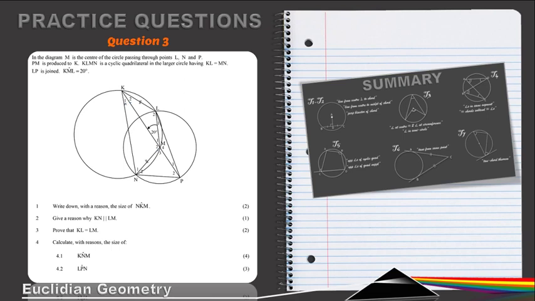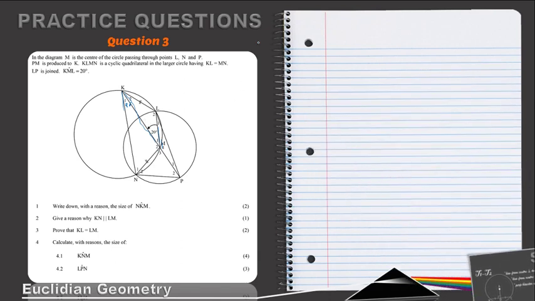So that means that this one will also be 20 because they are subtended by equal chords. And then for number 2, give a reason why KN is parallel to LM. So as we can see, if this is also 20, then these two are alternate angles. The alternate angles are equal, so therefore these are parallel.